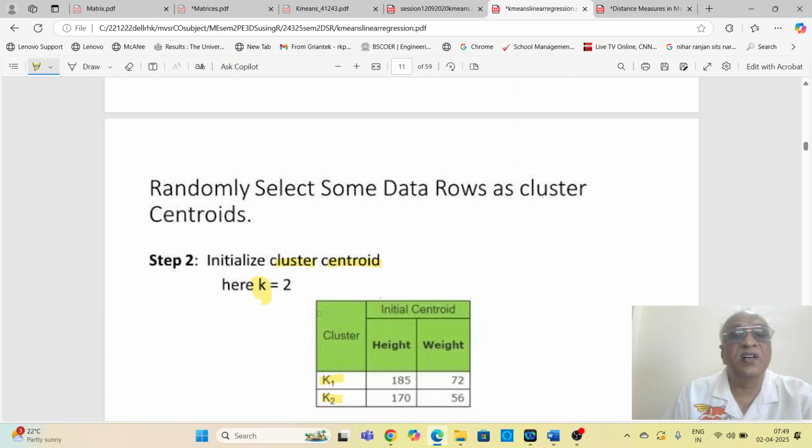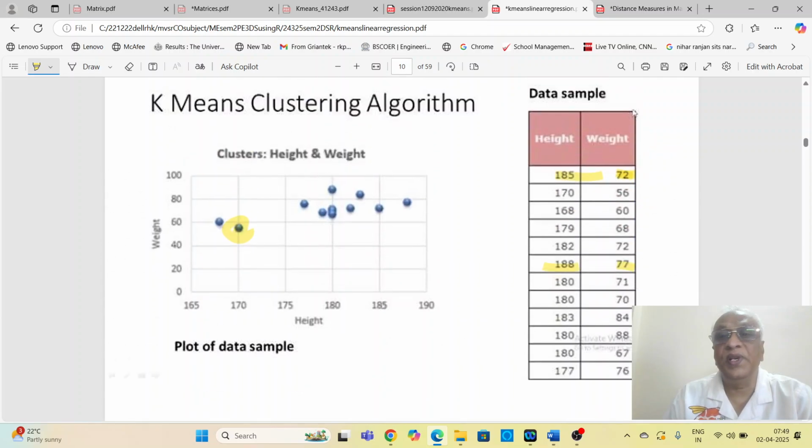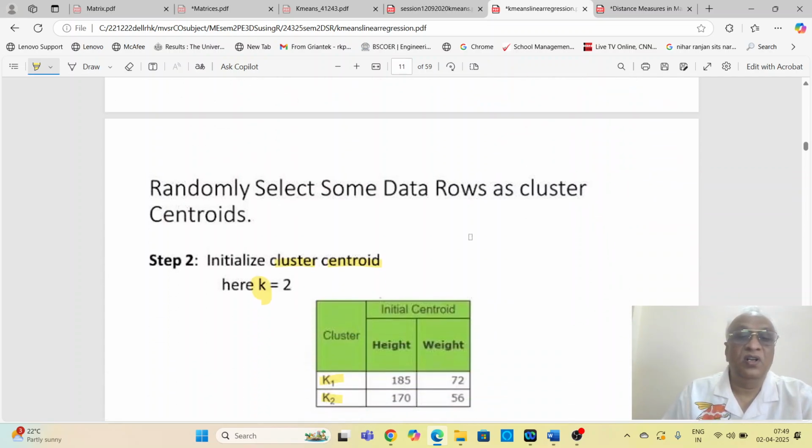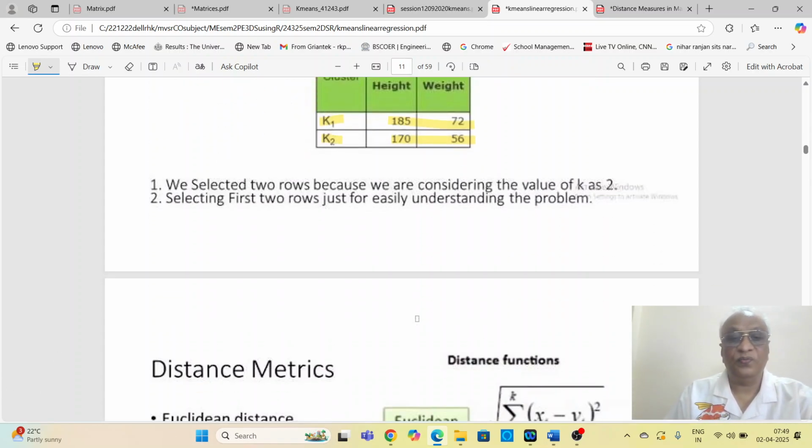Centroids means, let us say, central points. So cluster 1 is K1, cluster 2 is K2. I'll pick the 185 and 72 combination for cluster 1, K1, and say 170 and 56 for cluster K2. So you can see here 185 and 72 for K1 and 170 and 56 for K2.